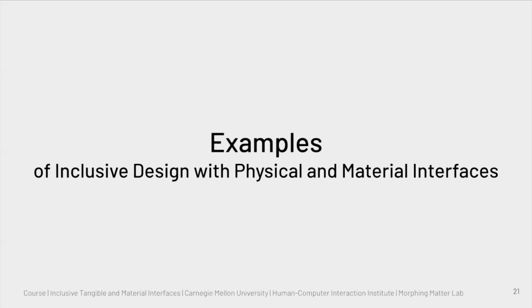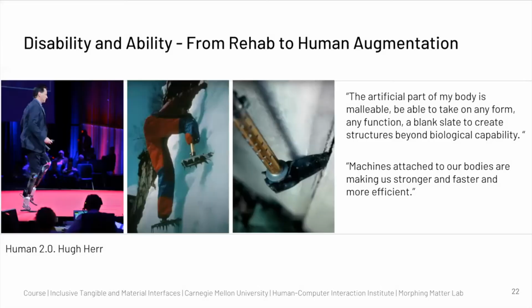Okay, so to move on with some concrete examples. When I prepared the lecture, the first example I could think of is Professor Hugh Herr. He was from the Media Lab, a former mentor, and he himself lost his leg on a hiking trip. And he started to engineer his own legs.